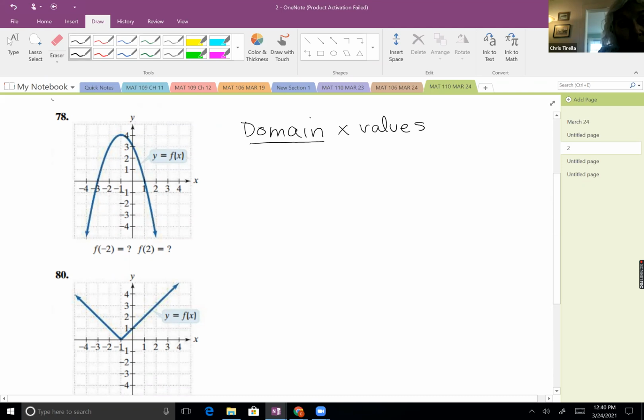Look at the arrowheads. The arrowhead says it just keeps on going, so there isn't going to be a furthest to the left value. So we're going to go from -infinity to, on the other side, there's an arrowhead. It just keeps on going, so there's no furthest to the right. So the domain is going to be from -infinity to infinity.